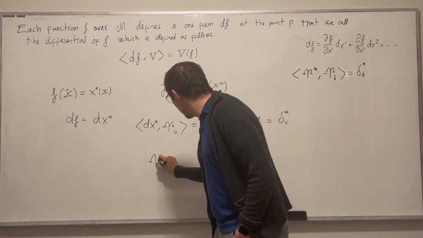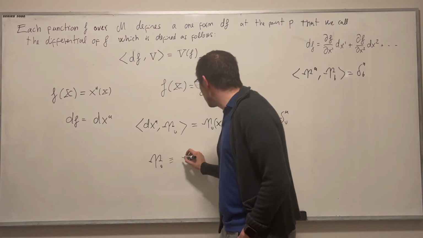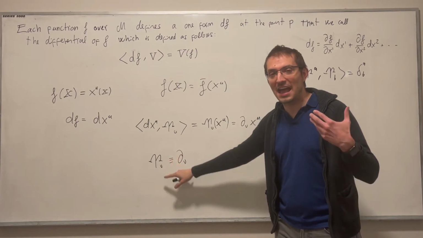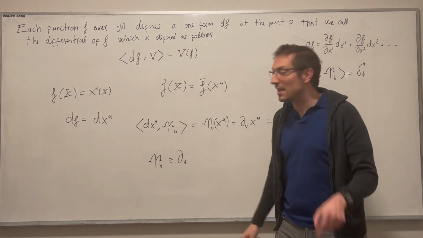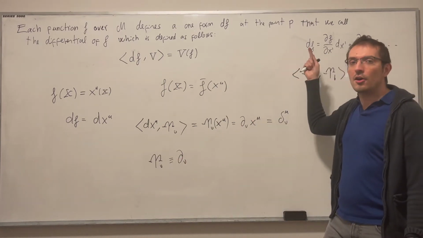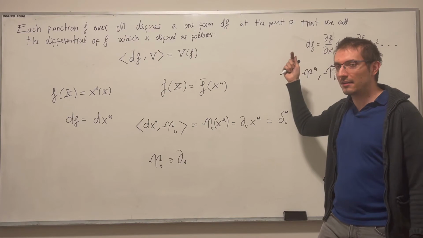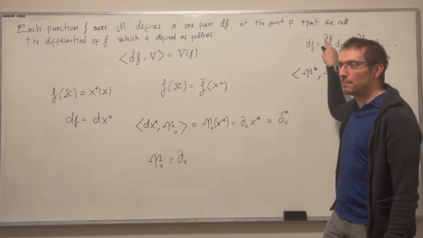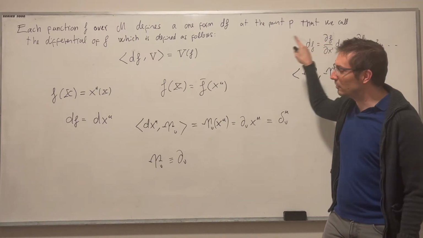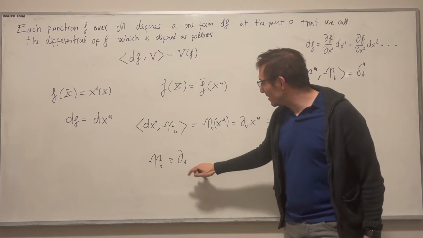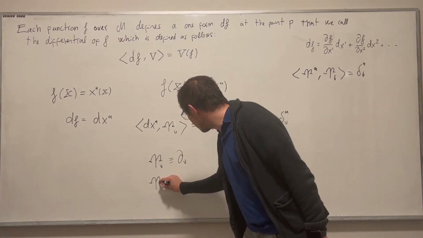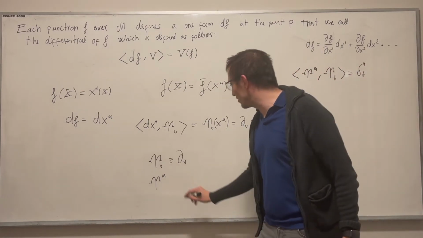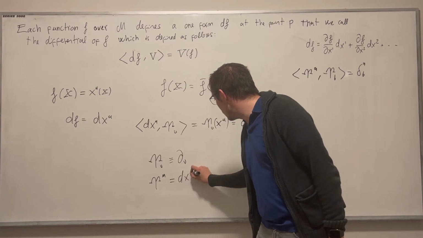Remember, the basis of vectors can be identified with the partial derivatives. Remember that the ε_ν, the elements of a coordinate basis, act on functions from the manifold to the reals the same way that the partial derivatives act on the f bar that takes points from R^n, the coordinates of x in the manifold, to R. So if these are the partial derivatives, then the dual basis to the partial derivatives, to the tangent vectors to the coordinate curves, are going to be the dx^μ.